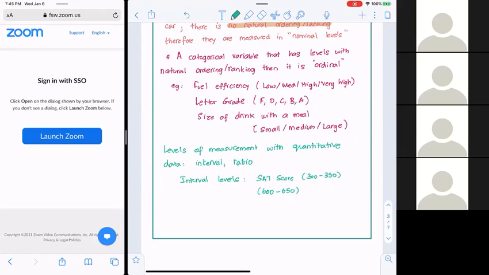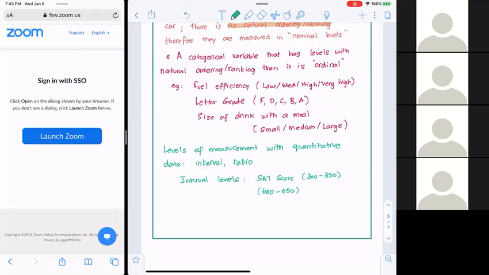So interval levels are levels where the range is quite important, and two different ranges would actually mean two different values or two different quantities.